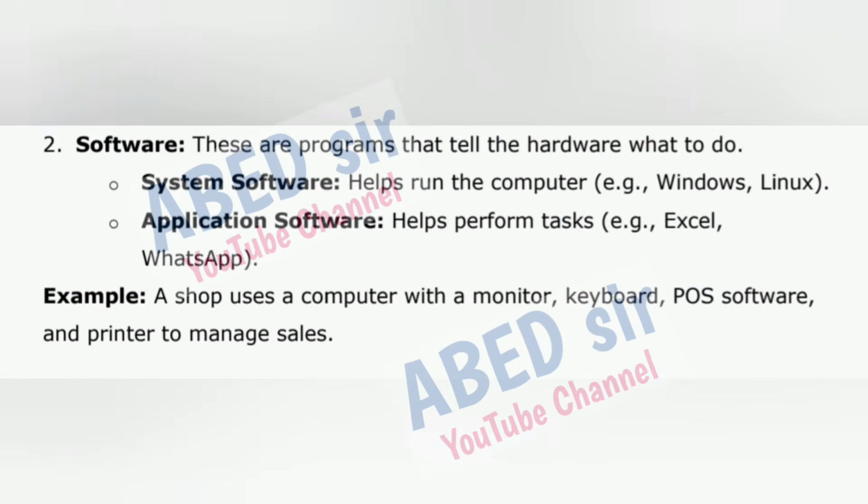Software, these are programs that tell the hardware what to do. System software helps run the computer, example, Windows, Linux. Application software helps perform tasks, example, Excel, WhatsApp. Example, a shop uses a computer with a monitor, keyboard, POS software, and printer to manage sales.